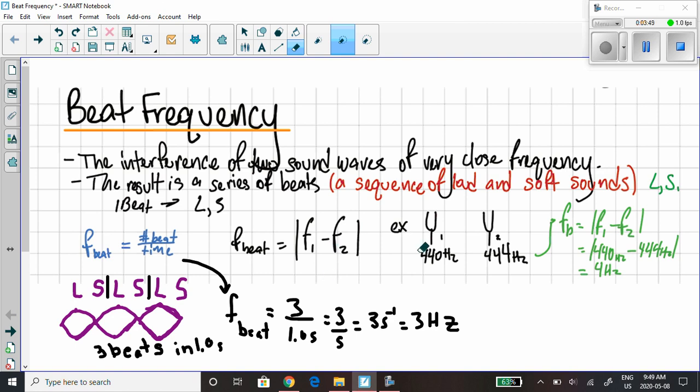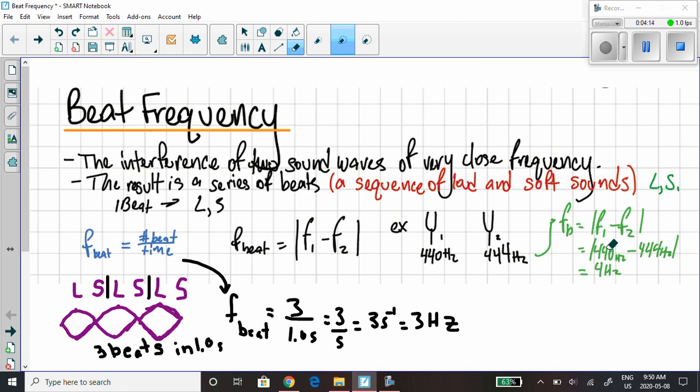So let's do an example. Let's say you've got a tuning fork and you know it's operating at 440 hertz. Another tuning fork, number 2, is operating at 444 hertz, and you would want to find the beat frequency that is produced when these two are played together and they interfere with each other. So here it is. Frequency beat is equal to the absolute value of a subtraction of the two frequencies.